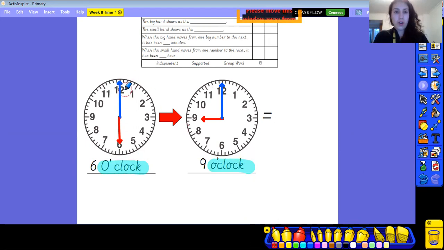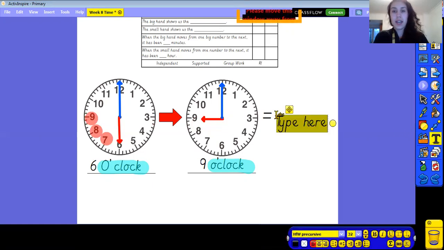So we can go from the 6 till the hour hand moves to the 9. We can say 6, that's 7, it's 1 hour, 8, that's 2 hours, 9, that's 3 hours, and that's where our hour hand is pointing now. So we know that it has been 3 hours.